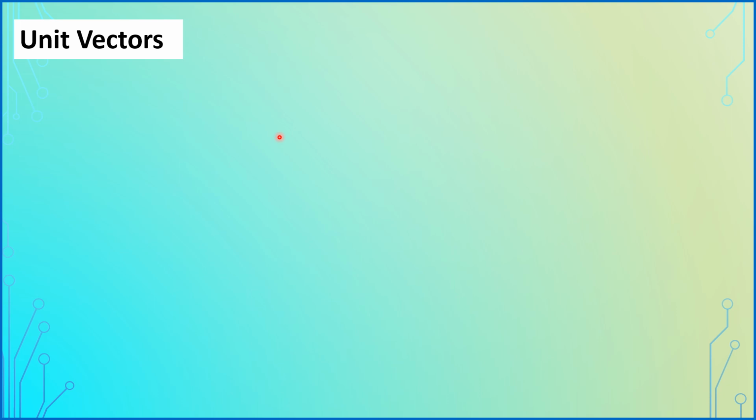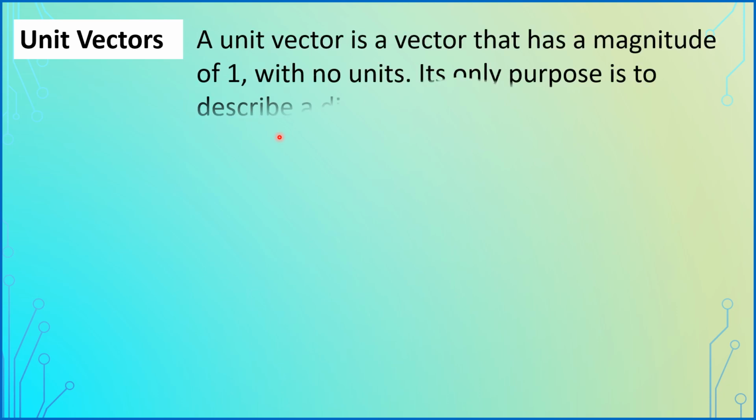The first concept that I'll be discussing is all about unit vectors. So what is a unit vector? A unit vector is a vector that has a magnitude of 1 with no units. Its only purpose is to describe a direction in space.